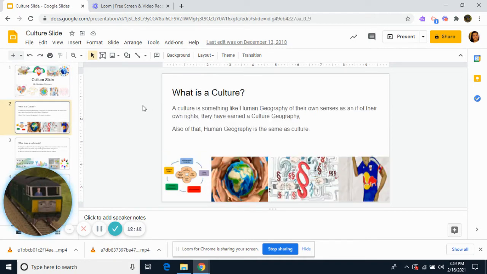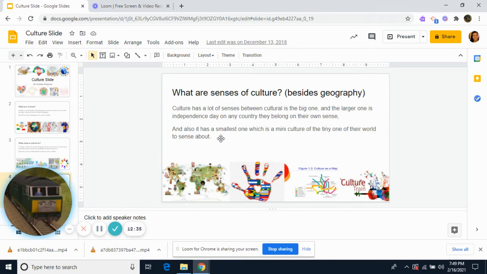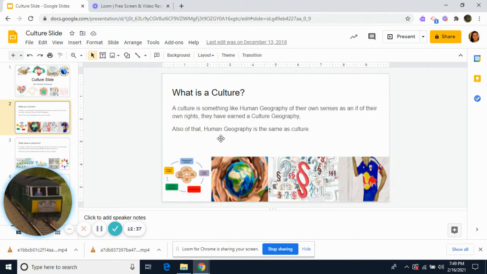What is a culture? A culture is something like human geography of their own senses. Human geography is the same as culture. Back in seventh grade, we learned about a song called Geography, and I talk about it a lot, to be honest with you.